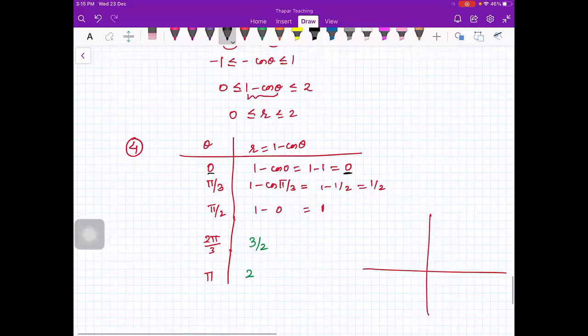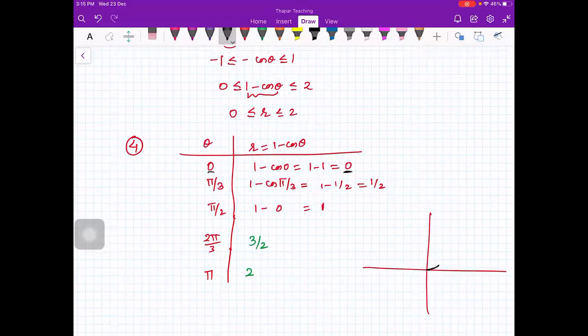Because at theta equal to 0, it has to pass through the origin, and the curve should be such that the tangent has slope 0. Is that okay to everybody? So that is why at 0 your curve looks like this. Yes, ma'am. Okay.